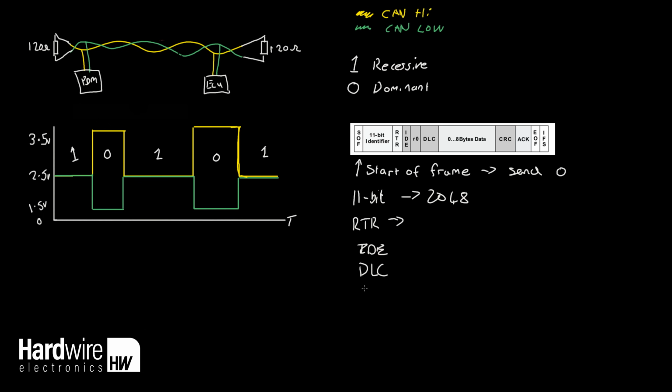Then we have the data bytes themselves. And then we have the CRC, which is a cyclic redundancy check. And that is just an error checking code. And that means that if we get a bit flip in our data bytes or anywhere else, the CRC will be able to identify that we've had a bit flip. And then we can discard that message as being faulty. And then we have an acknowledgement, an end of frame, and this extra bit at the end here we don't need to worry about.